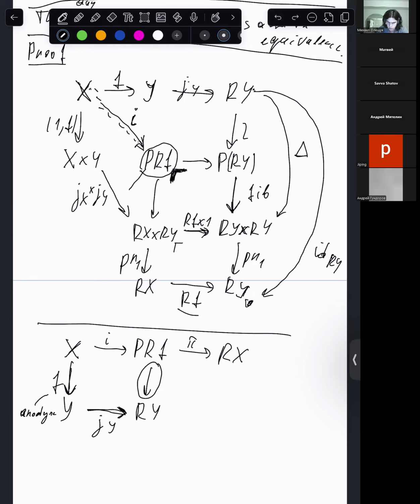Why is that? Well, let's look here. Projection of PRY to RY. Why is this a fibration? Because this map is a fibration and this projection is also a fibration, because RY is a fibrant object.